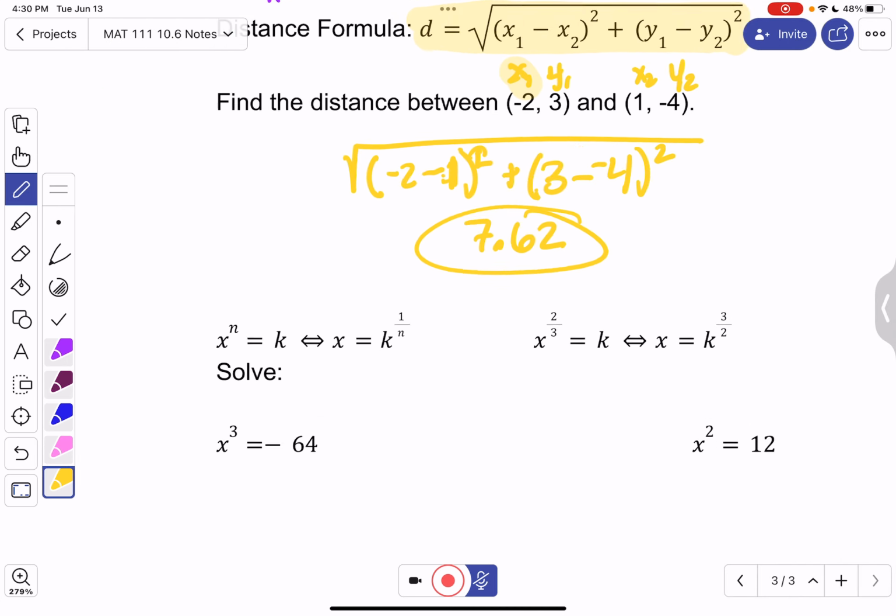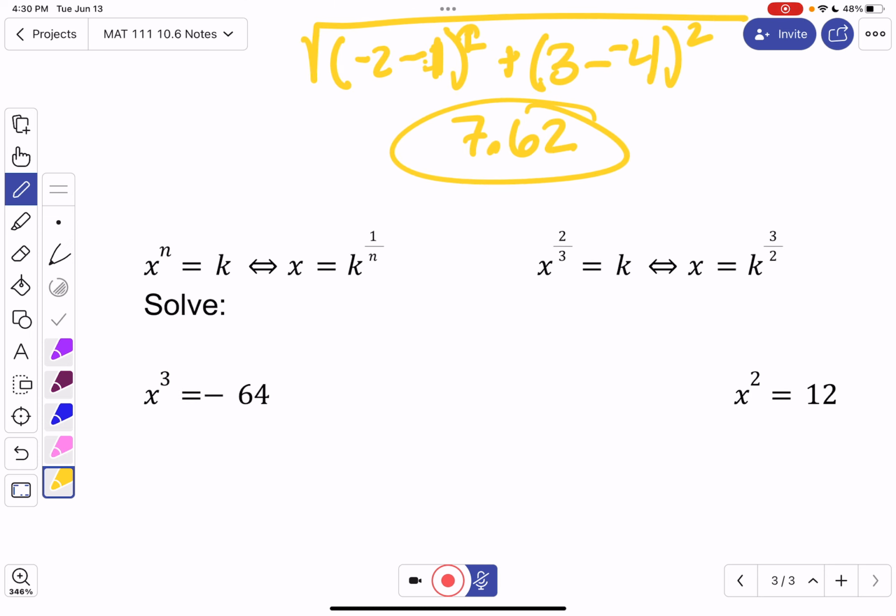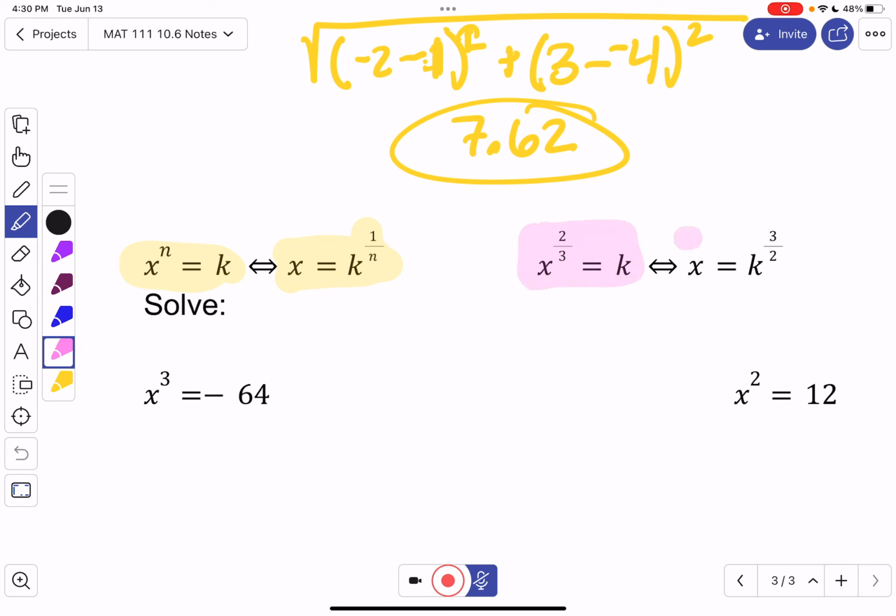All right, the last thing we're going to do in this section is to solve for x when it has fraction exponents. If you have x to the n equals k, to get the exponent on the other side, you just flip it. So to take it off the x and put it on the k, you make it 1 over n. For example, if it's 2/3, to put it on the k, you flip it and you get 3 over 2.